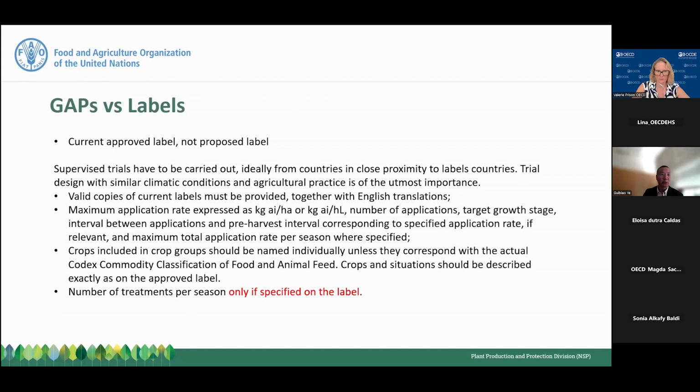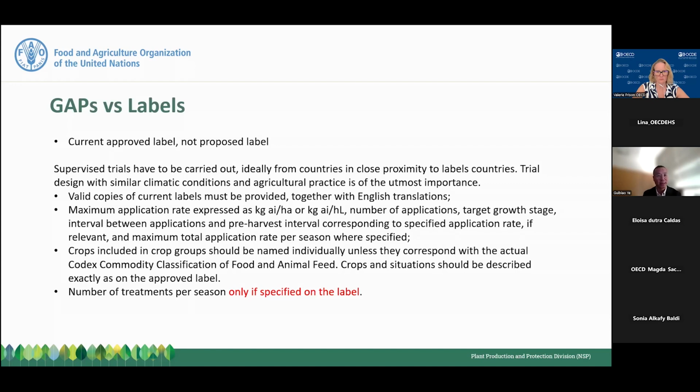One thing I want to highlight is that the GAP is closely related to the labels. In most cases, the label is the only legal or reasonable source of the GAP. So we always use the currently approved label, not the proposed label or a label which is not used anymore.